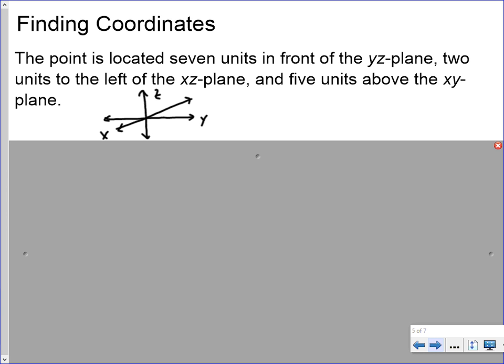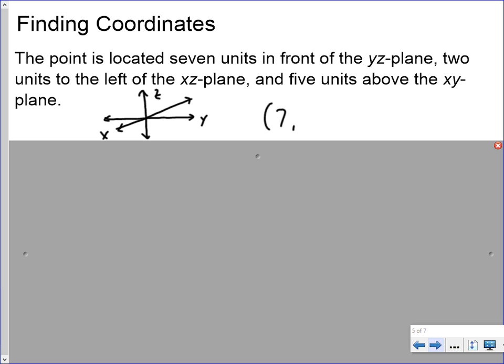So, located 7 units in front of YZ. If you're talking about in front of the YZ plane, you're moving in the direction that is forward 7 units, so that would be which coordinate? X. Okay, so we know 7. 2 units to the left of the XZ plane, so you've got the XZ plane that runs forward and backward, okay, through those 2 axes.